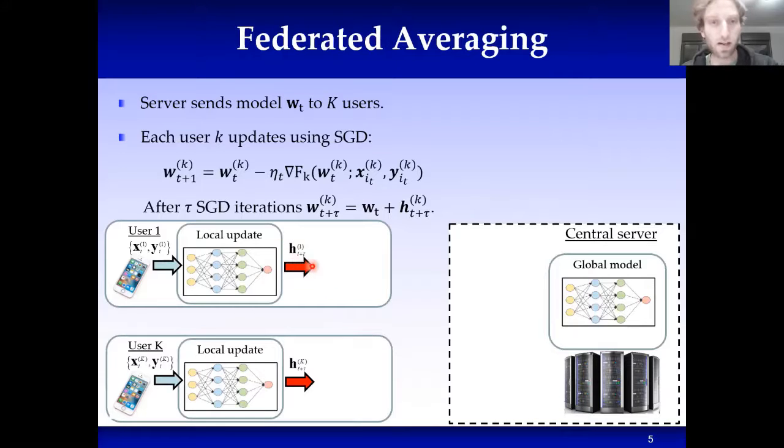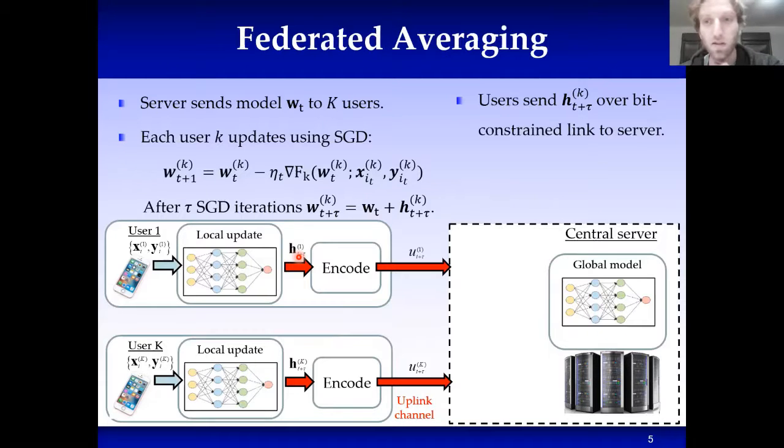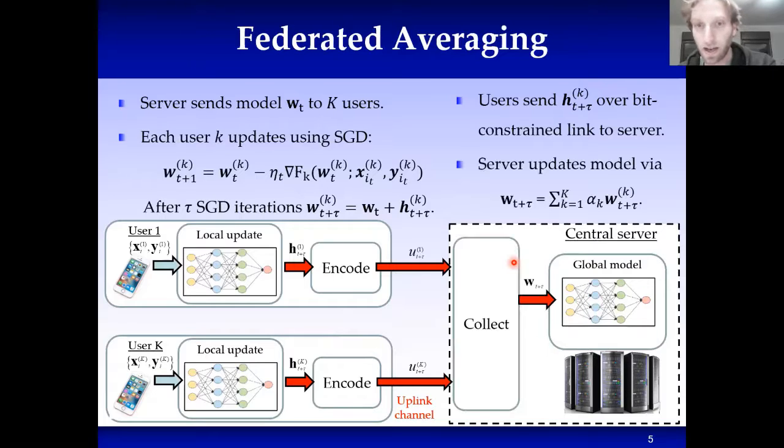And once they do that, they can obtain the difference between the model they received and the model they trained, and they can convey it to the central server over the bit-constrained uplink channel, and the server can now aggregate them. The common algorithm to do that is just some weighted averaging. Those coefficients alpha k here are just the weighted averaging coefficients.